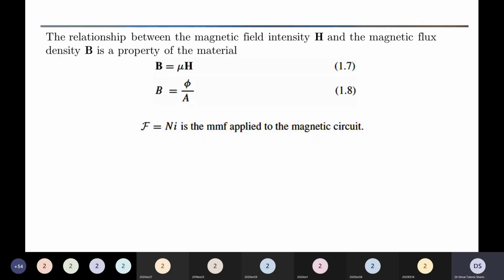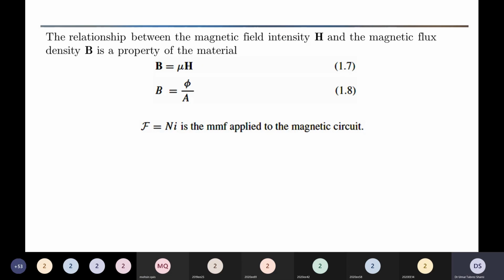It's very simple. B is the dependent factor and H is the independent factor. Please look here: in equation 1.7, H is independent.